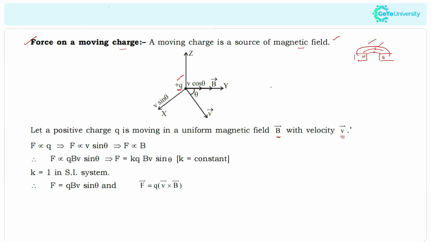It's known that there will be a magnetic force, and the force will be directly proportional to the magnitude of the charge, directly proportional to the value of velocity in terms of sine component, and directly proportional to the value of applied magnetic field as well.